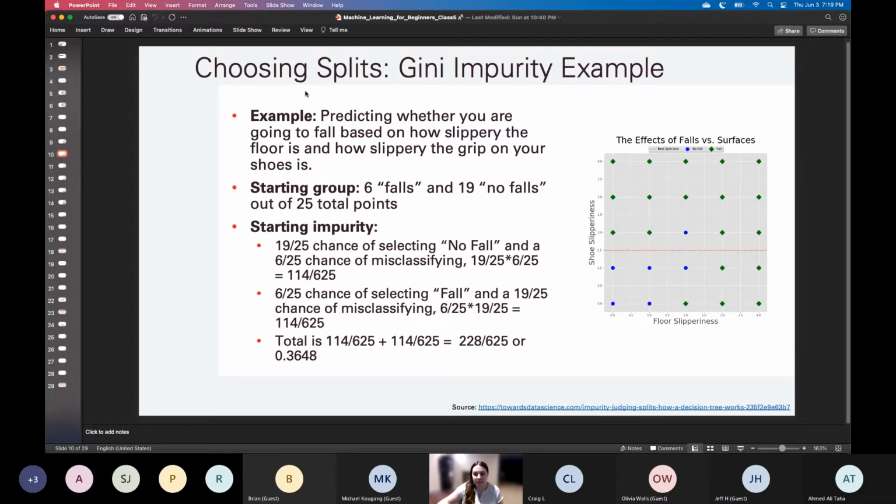It adds in our two predictor variables. In reality, you're going to have way more than two predictors. But in this case, you can see shoe slipperiness here goes from 0 to 4, floor slipperiness here from 0 to 4, and the example just plotted them for us.